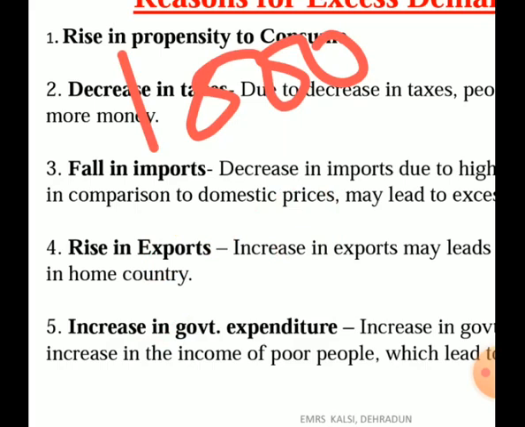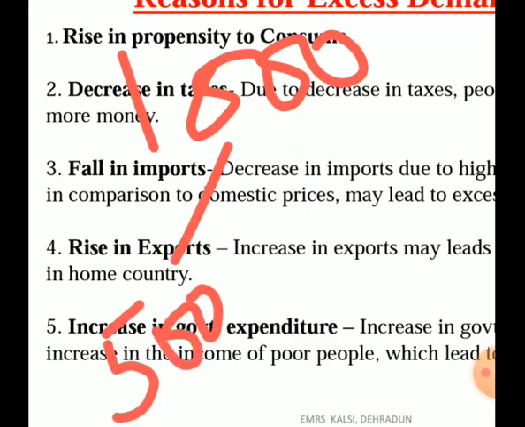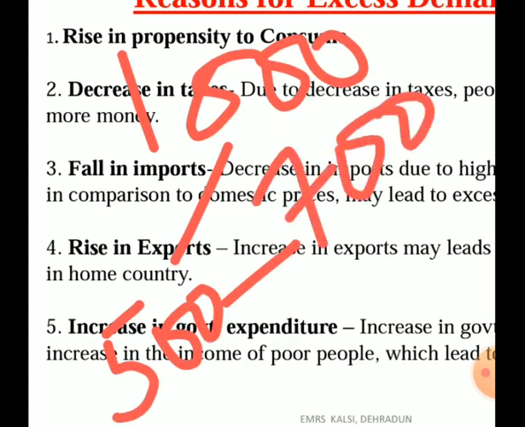Instead of 500, they are now willing to spend 700 rupees, which means they are spending more. When there is an increase in spending, it is called a rise in propensity to consume. So how much part of our income is going to be spent for consumption?